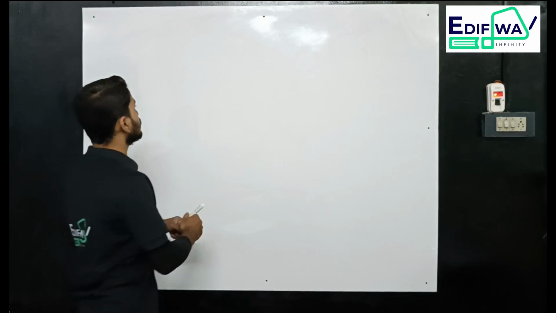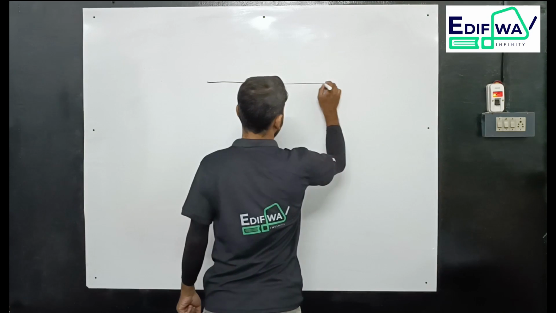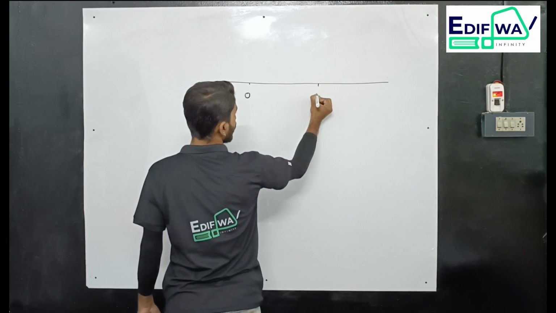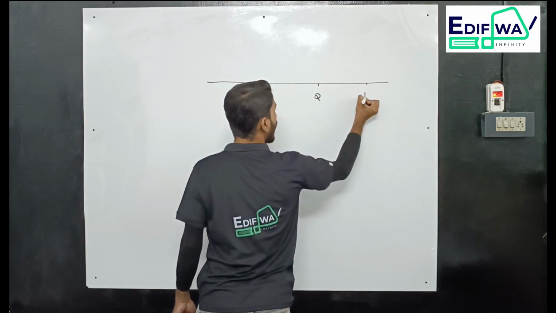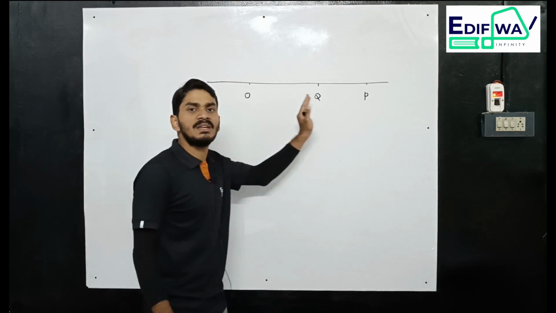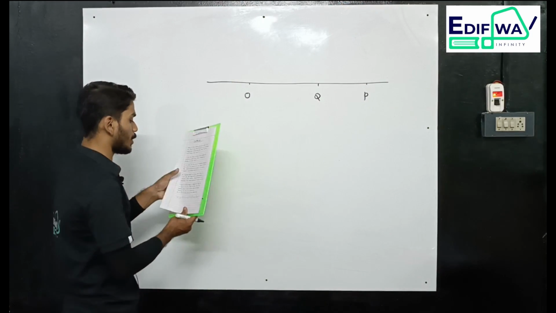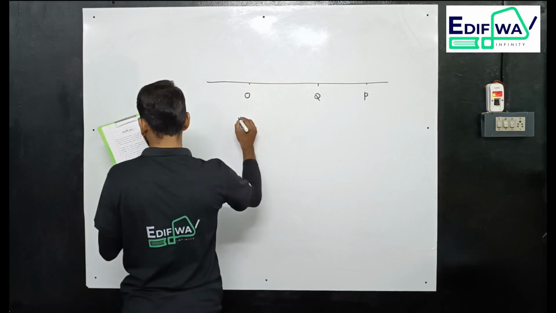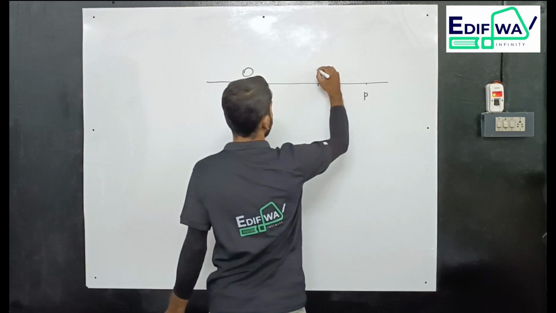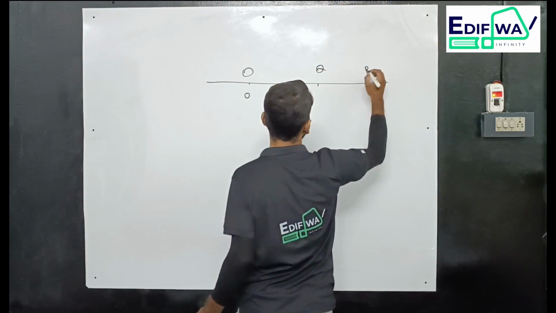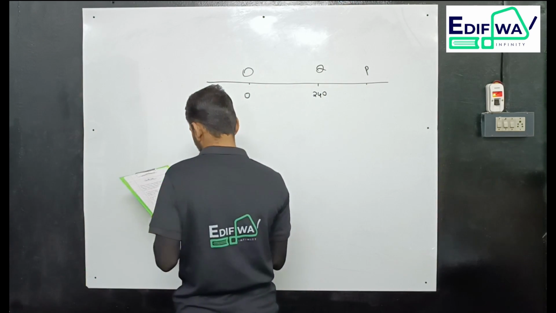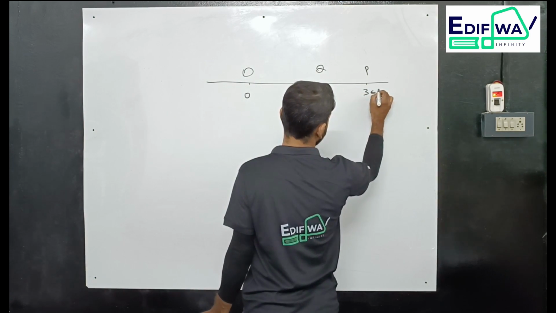So let's draw that. There is a number line and you have 3 points O, Q and P. I am not marking each and every point, I am just marking these points only. Your O is marked to be 0, here Q, and here P. Q is 240 and P is at 360.